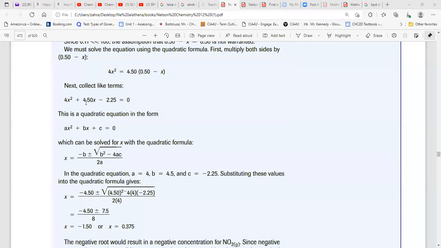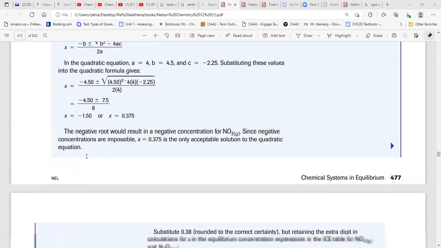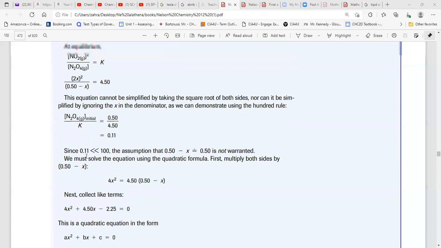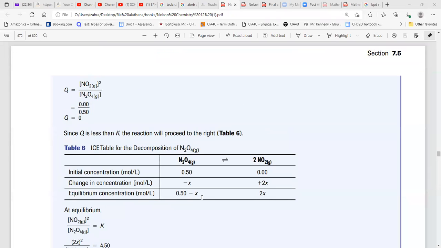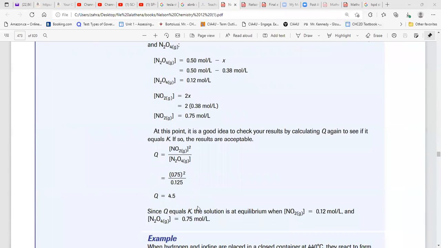A is 4, b is 4.5, c is 2.25. You put it there, you calculate, and we have two x values. The positive x is acceptable, because you do not have a negative concentration. Then again, the same way, you just put the x in your equilibrium concentrations, and you find the concentration of each entity at equilibrium.